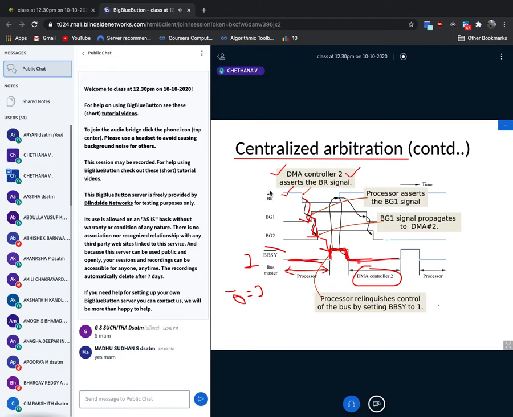You will be in the lower impedance. Lower impedance tells you it is active mode, whenever you have negated signals. In the negated signal, lower impedance tells you it is active mode. Active mode means the bus is busy.